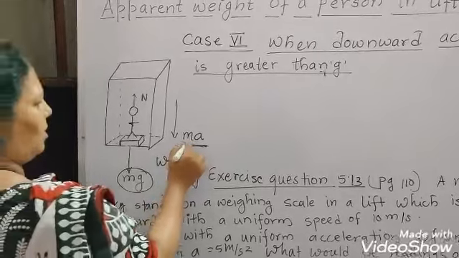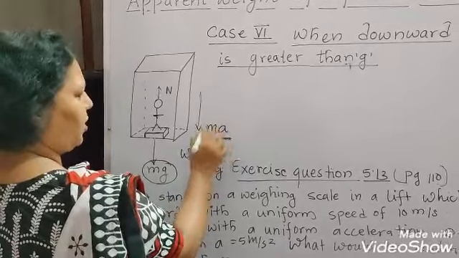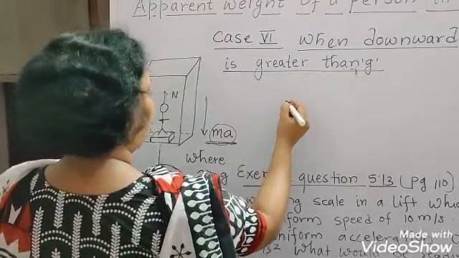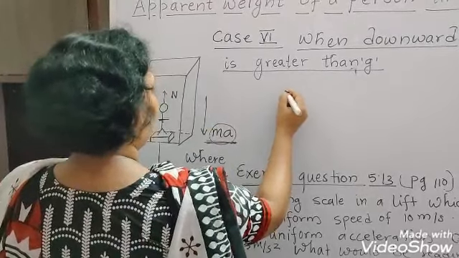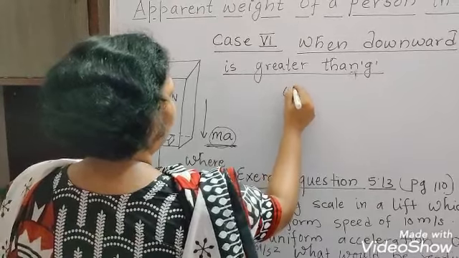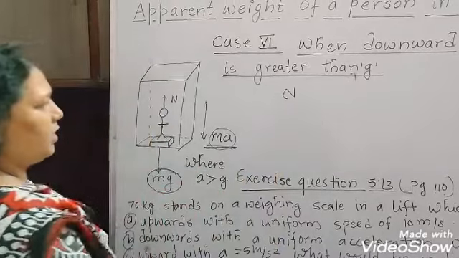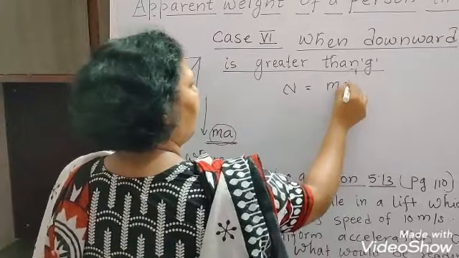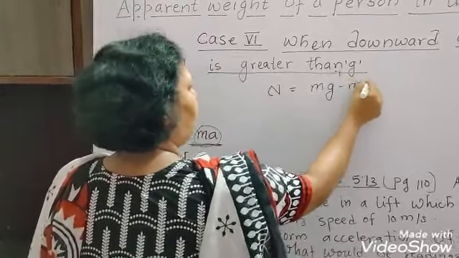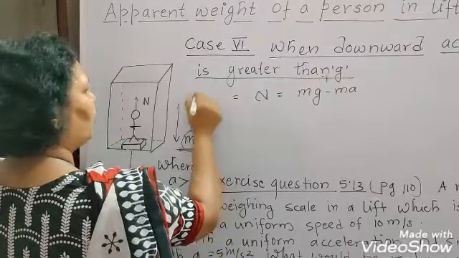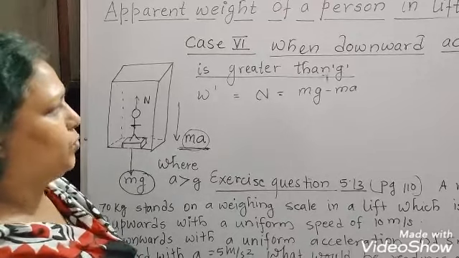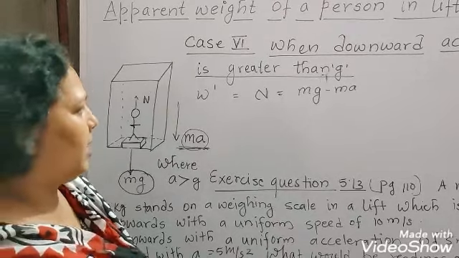This is the net force ma, which we have already calculated. The reading of the weighing machine N is equal to mg minus ma, or you can say the apparent weight W dash is equal to mg minus ma.